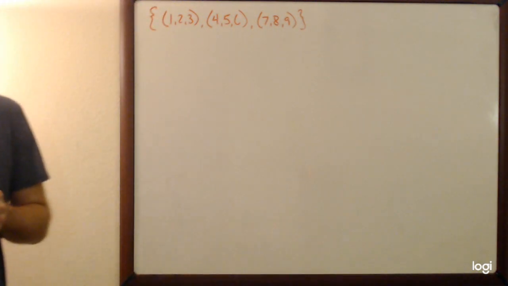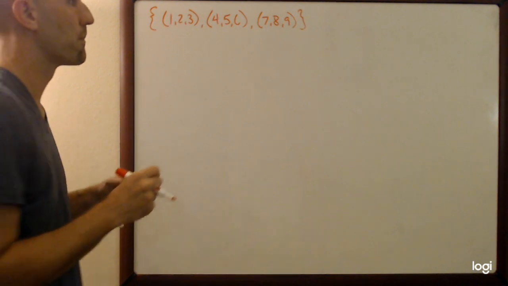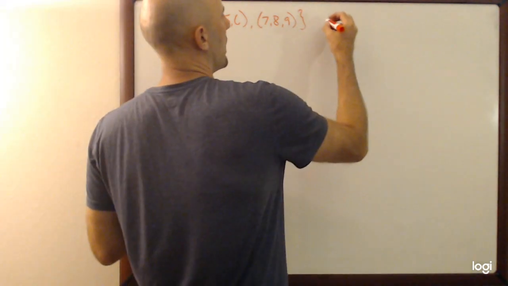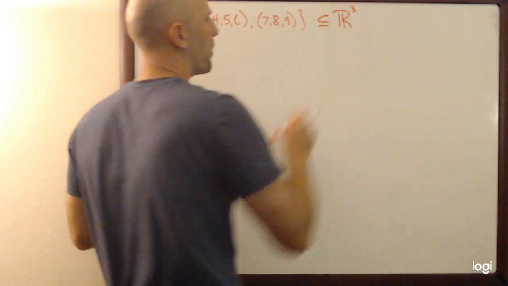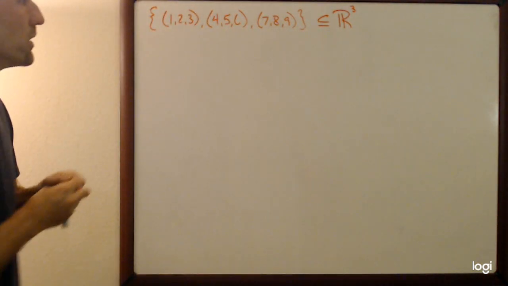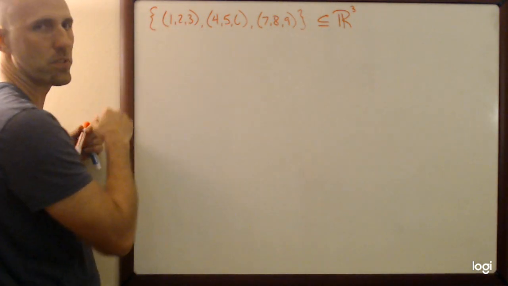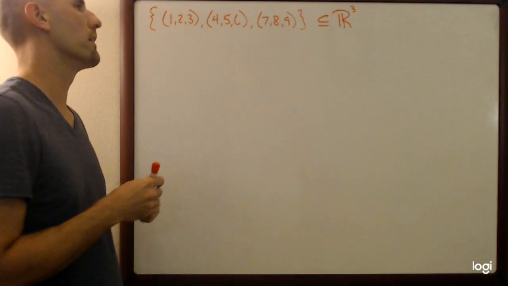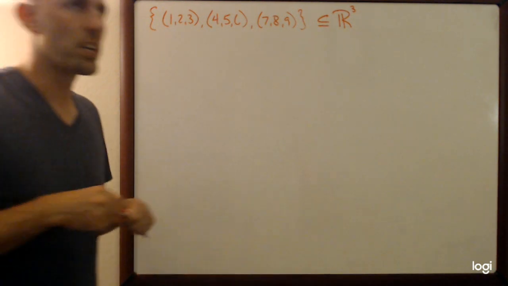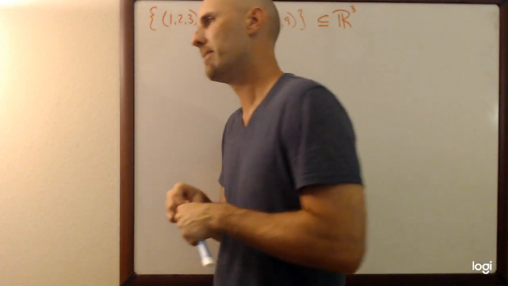Now, I know that all of these vectors live where? Well, these vectors live in R3, right? Again, look at the vector itself, I've got 1, 2, 3 components, so it's got to live in R3. Okay, fine. Is this collection of vectors linearly independent or dependent?